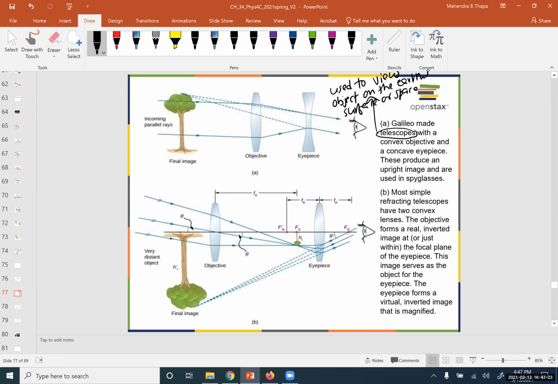Okay, if you use this telescope to view an object on Earth, it is called a terrestrial telescope. And if you use this to view an object in space, it is called an astronomical telescope. Okay, astronomical telescope.